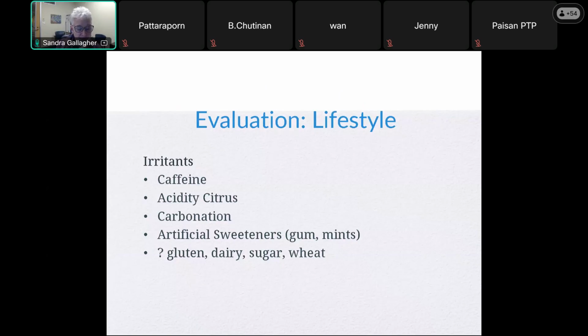Artificial sweeteners, so things like sorbitol, xylitol, saccharin, those do change in the gut and the bladder. So we really encourage avoiding that. And then talking to people, do they have other allergies to gluten, dairy, sugar, or wheat?